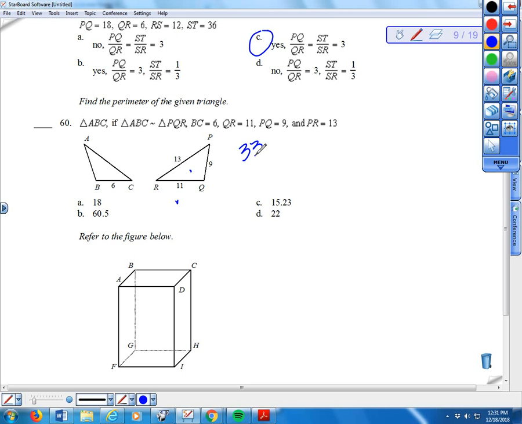Yep. So I would say 11 is to 6 as 33 is to the perimeter of the smaller one. All you have to do is set up a proportion. You don't have to find every side and add them up. And this proportion, when it's like this, a fast way to solve it instead of cross-multiplying is recognizing 11 times 3 is 33. 6 times 3 is what? 18. Perimeter is 18.